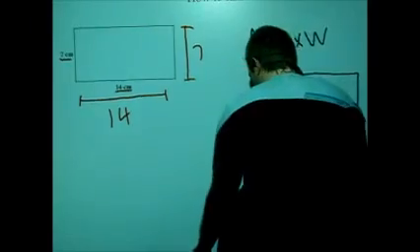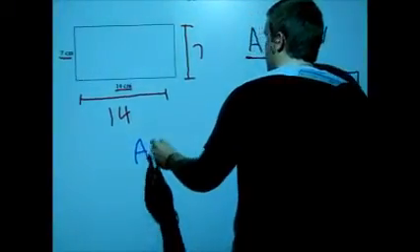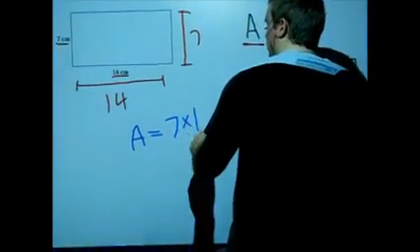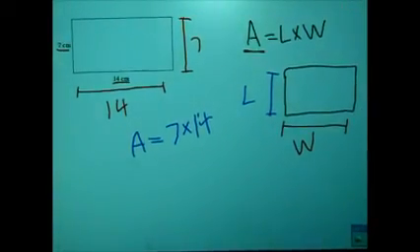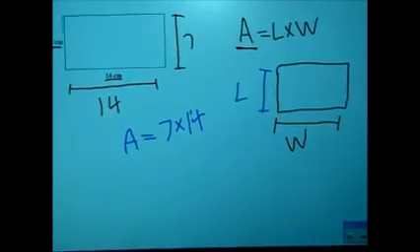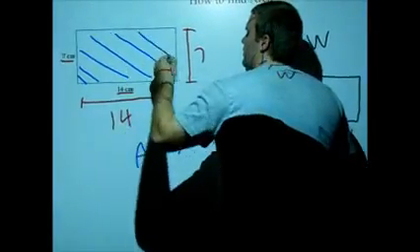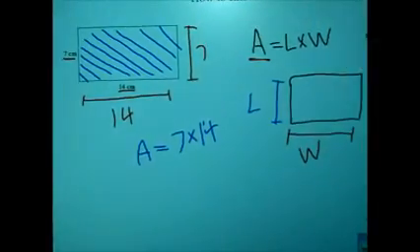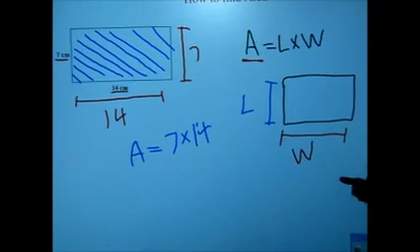So you're left with area is equal to 7 times 14. And then you solve that equation, and that is your area. And that is your basic way to find the area of a rectangle.